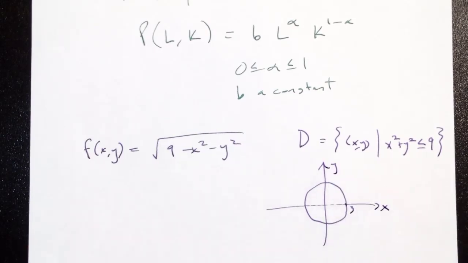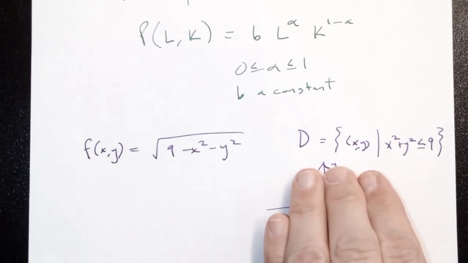So our function lives here. If I was just going to be an algebraist, I'd be done. I'd walk away and say, that's all I need to know. I don't even need the picture. I need that. Its domain is this set.